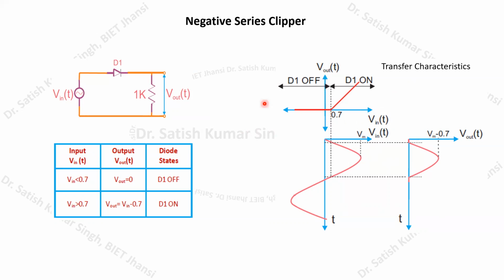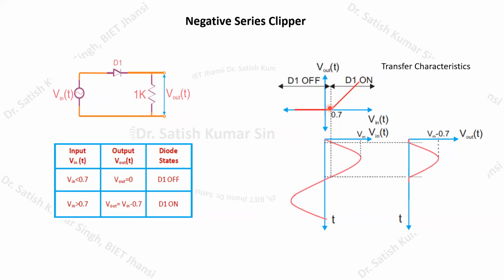Here you can see, if we are considering this diode to be a practical diode, then when the voltage is positive and we are increasing it, up to the cut-in voltage there will be no significant current flowing through this circuit. Ideally, we can say that up to 0.7 volt of the input signal, the output voltage will remain zero.